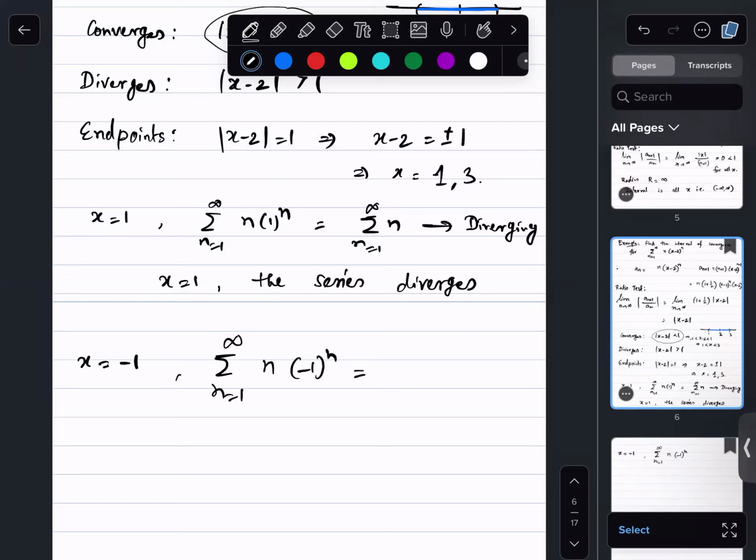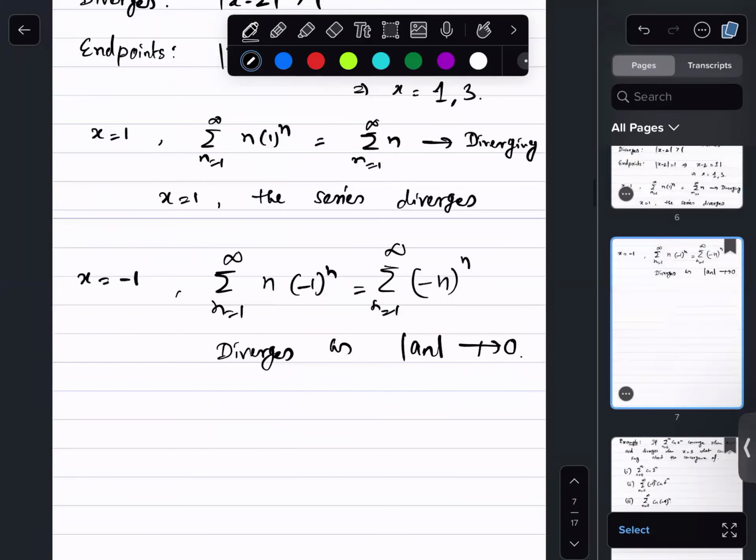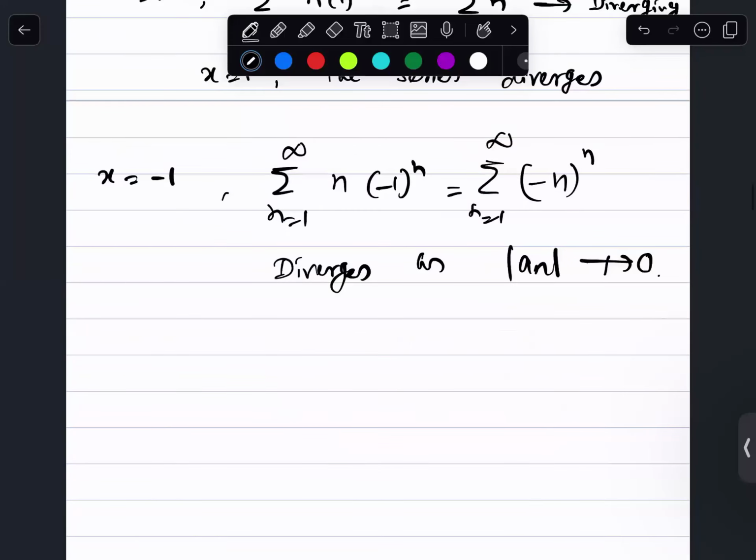Okay, and it is not hard to see that this series also diverges, as modulus of an is not going to 0. Okay, this is using the divergence test.